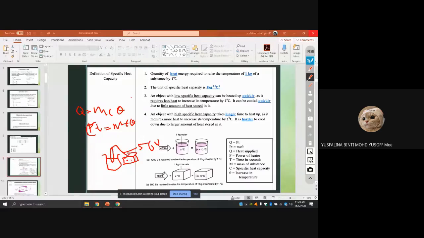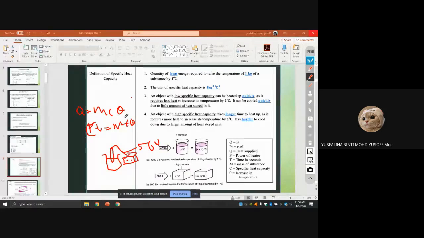So what is the Pt? Before you heat up the water, the first energy that we get is from the electrical energy. So Pt is the formula for electrical energy, and mcθ is the formula for quantity of heat energy.